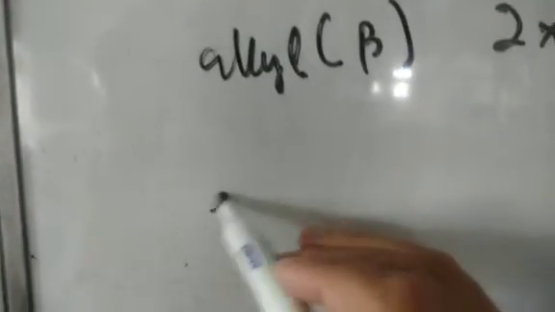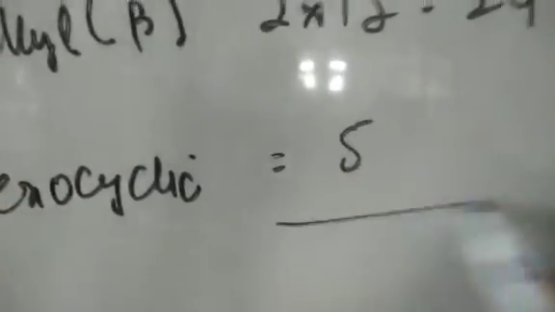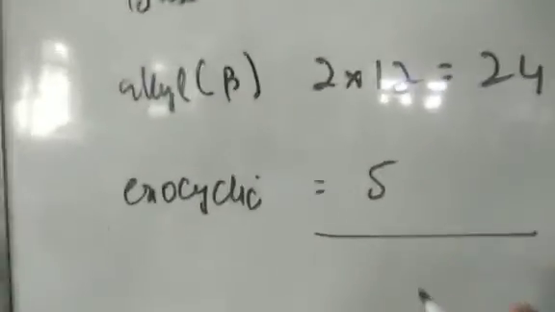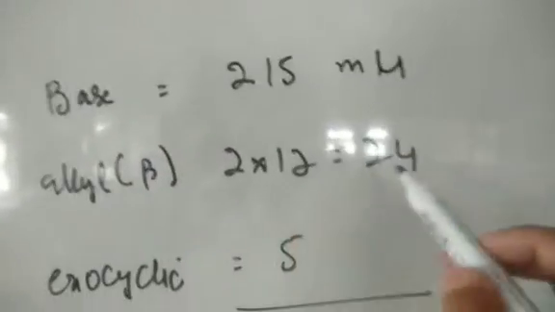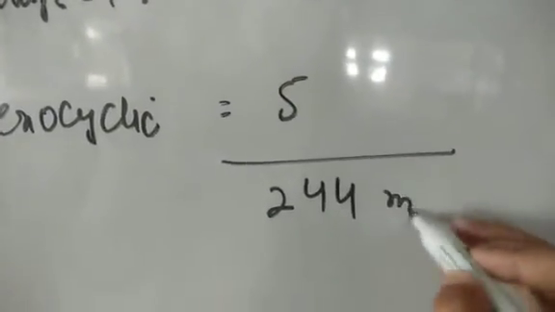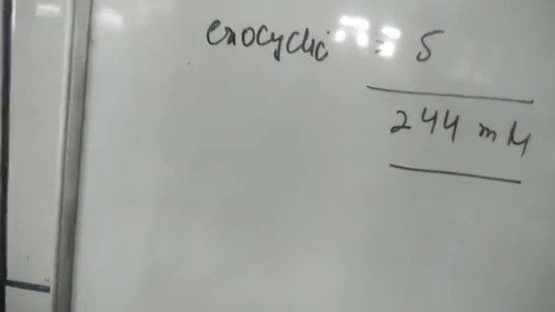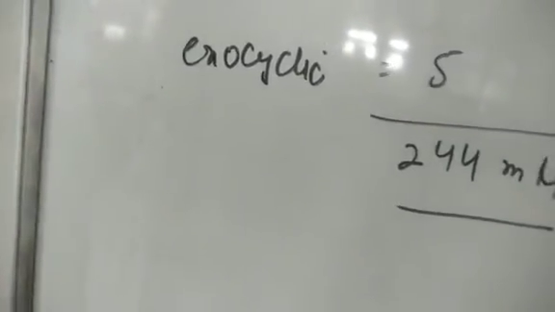So the contribution of exocyclic double bond is 5, so that becomes 215, 24 and 5, that is 244 millimicrons. So this way you can calculate example number 1, alpha beta carbonyl compound.